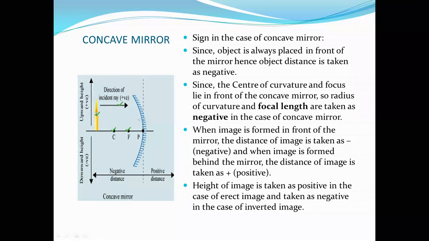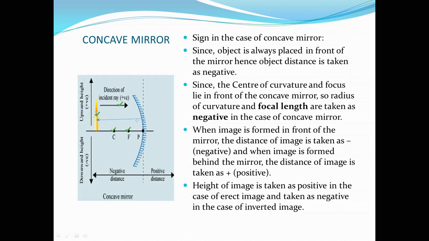Now, if we are going to measure the distance of an object, this is the object distance. Look at the arrows. The arrow of the incident light is in the right hand direction, and we are measuring the object distance towards the left hand direction. So anything which is measured opposite to the direction of light is taken as negative.